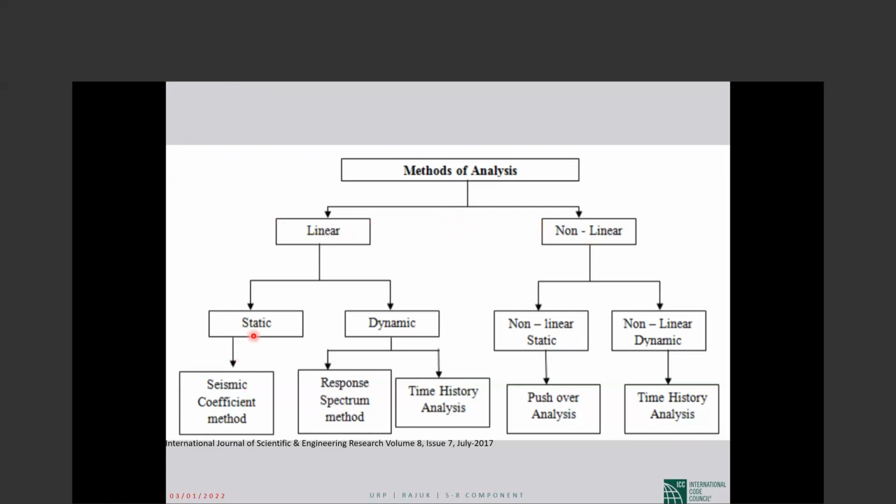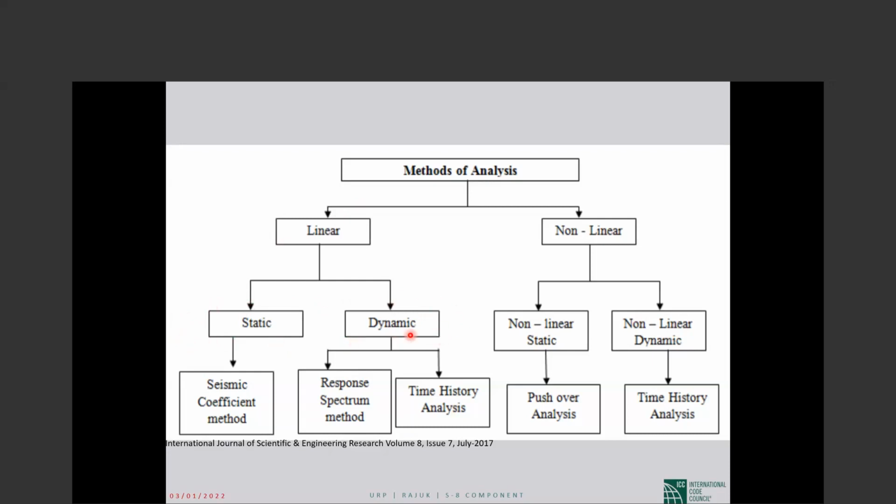And then the main point on which we select static or dynamic for each of them, nonlinear static or nonlinear dynamic, linear static or linear dynamic, depends on the irregularities in strength, in stiffness and mass.